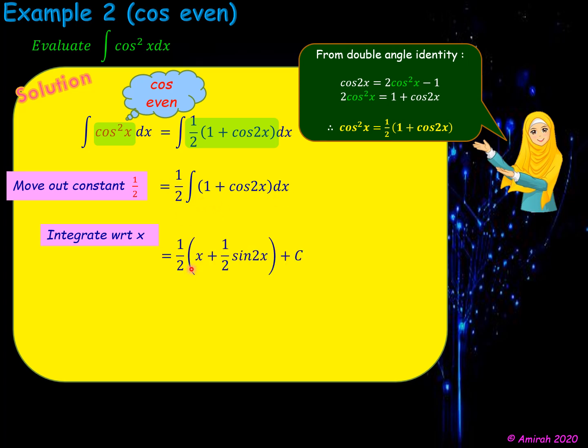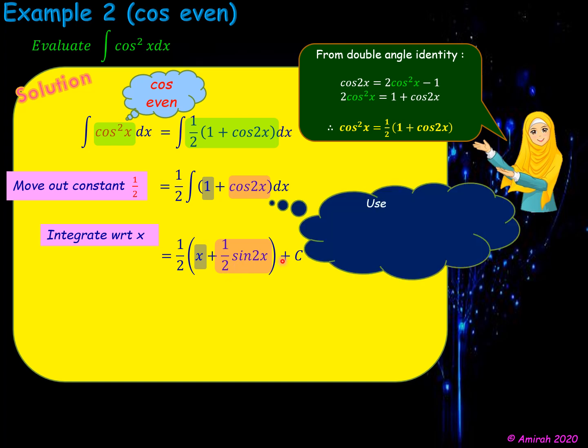We still put half, we integrate 1, so we have x, and in between still plus, and then we integrate cos 2x, so the answer is half sine 2x. Again, we use the formula: the integration of cos ax dx equals 1 over a sine ax plus c, and we refer to chapter 1, page 11.